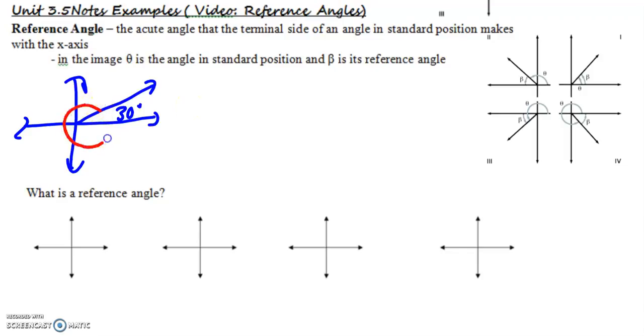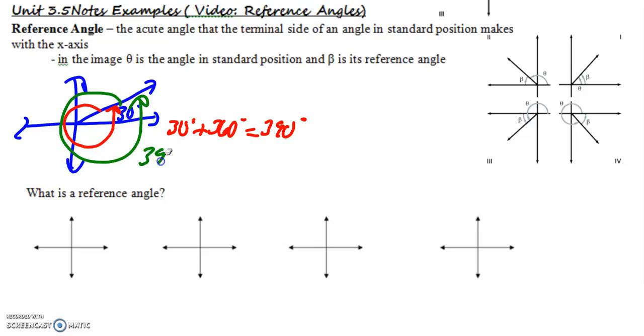So if we rotated one time around, we said yesterday that the coterminal angle would be 30 plus 360 degrees, or 390 degrees. And then if you took this angle and spun it around another time from 390, you'd have 390 plus 360 degrees, which would get you 750 degrees.